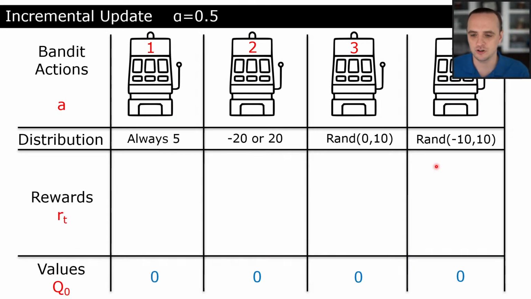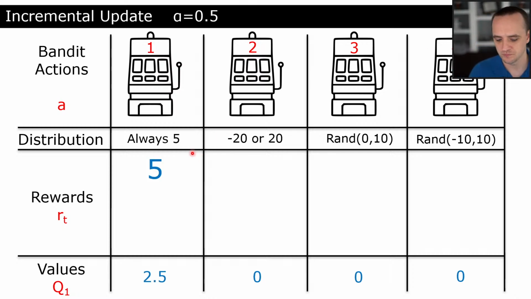So let's have a look at that exact same thing we did before, but now using the incremental update with alpha equal to 0.5. If I say on an exam, here are some samples, and update your beliefs with the incremental update with alpha equal to 0.5, you should be able to regurgitate this example.